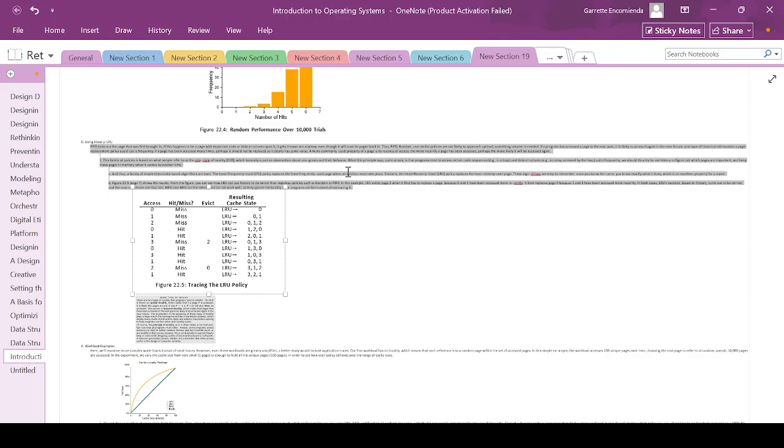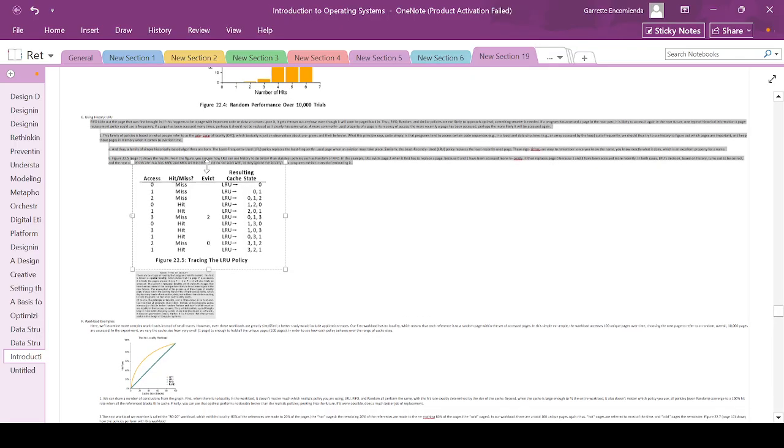We can prepare for a worst case scenario, and we can learn from the past, such as the scheduling policy from our CPU, which did a really good job in managing the hardware and its constraints, which is the processor. This family of policies is based on what people refer to as the principle of locality. We discussed that in the previous video as well.